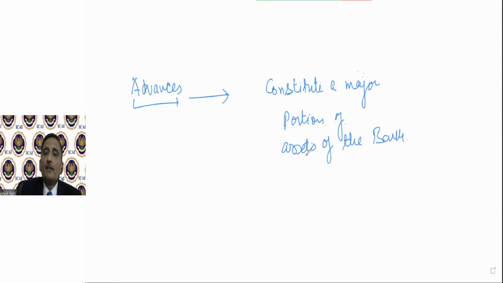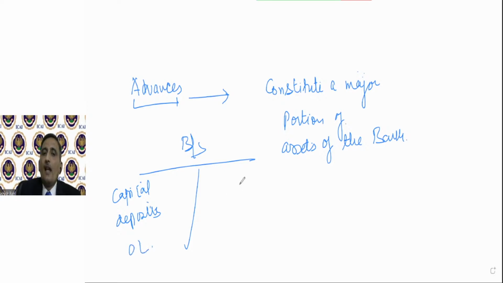Okay, because in the bank's balance sheet, guys, on one side there would be capital, deposits and other liabilities. And here there would be fixed assets and advances, other current assets.